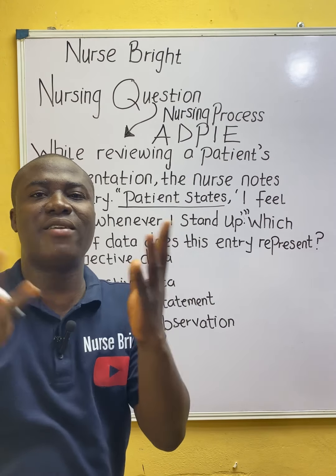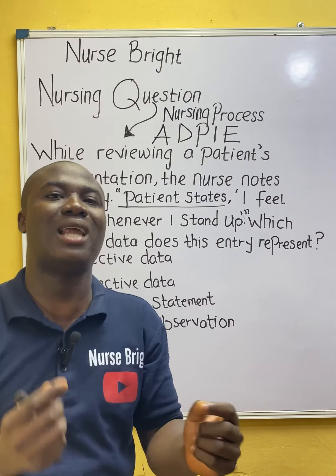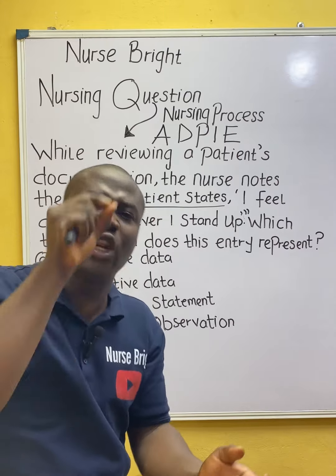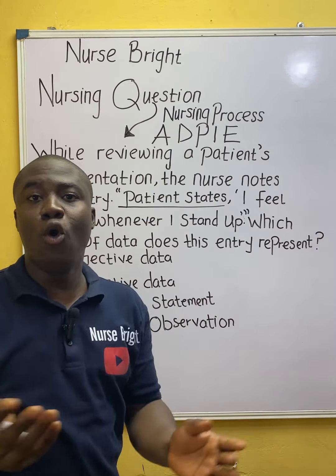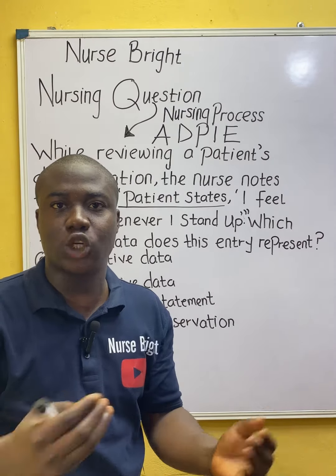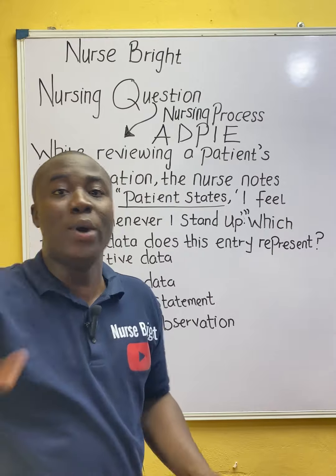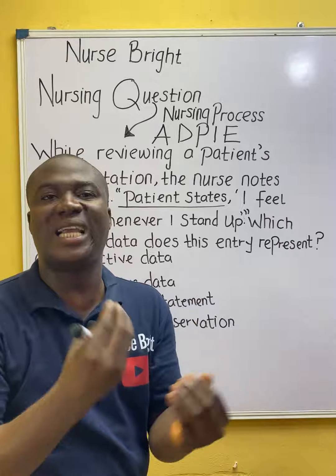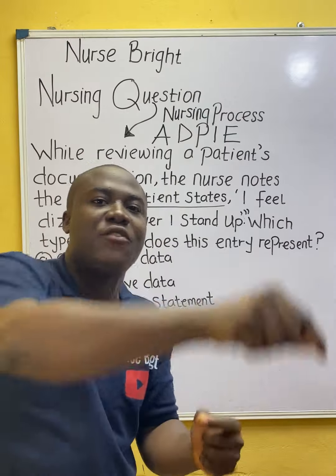All of these are regarded as objective data because these are the data that the nurse can actually carry out, the nurse can actually observe. The nurse can also get this objective data through physical examination, where the nurse observes the patient from head to toe. With that, the nurse can also get objective data because it is the nurse that is actually measuring or observing the patient.